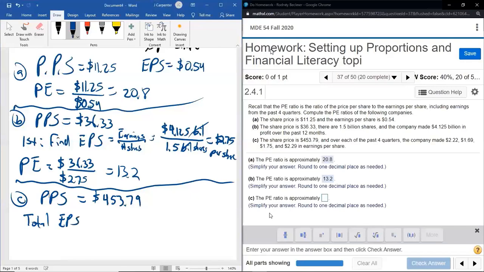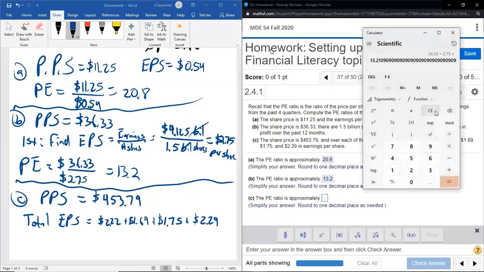So the total earnings per share is just 222 plus 169 plus 175 plus 229. And those aren't that hard to add up, but it's 4 of them, so we'll still pull out a calculator. 2.22 plus 1.69 plus 1.75 plus 2.29.